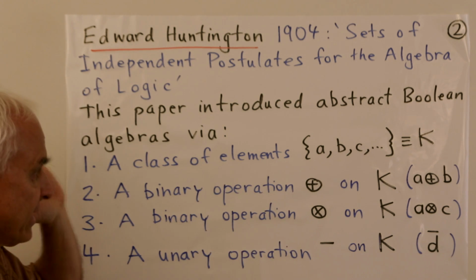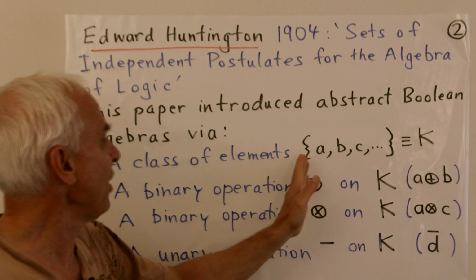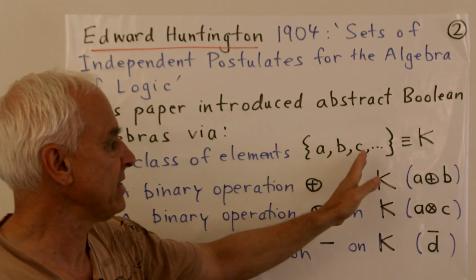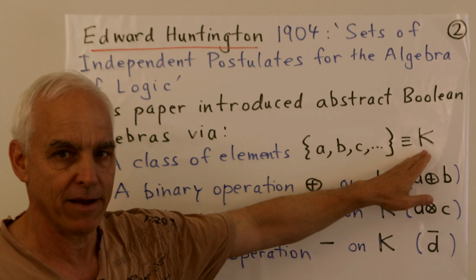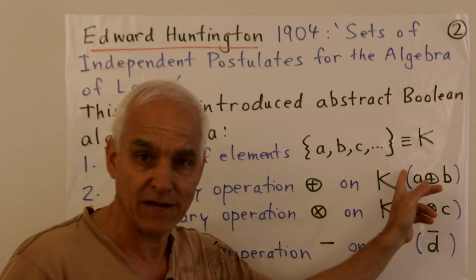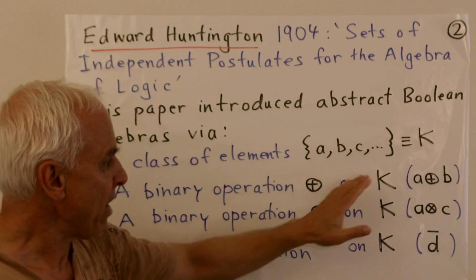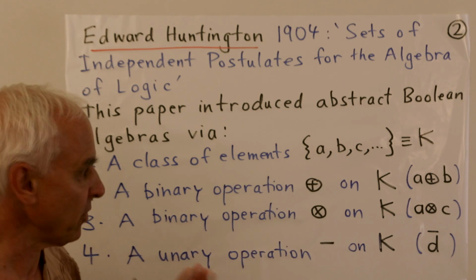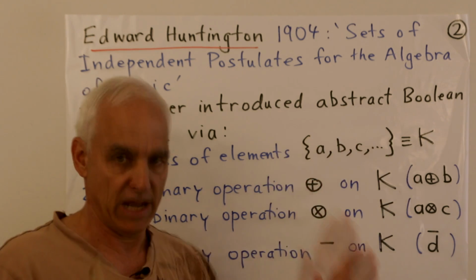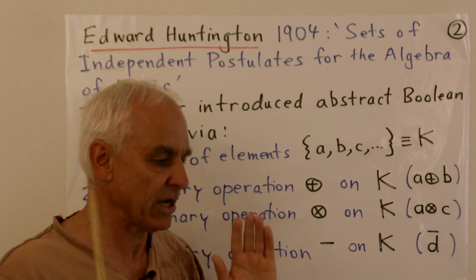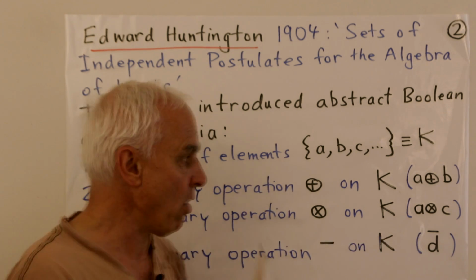So the way he did that is he said, okay, let's start with a class of elements, A, B, C, dot, dot, dot, and we'll call that K. Now this kind of thing makes us nervous because we don't know what those three dots mean. But for our point of view, let's just consider that this is some finite collection, okay? So it's a finite collection of objects that we know all about.